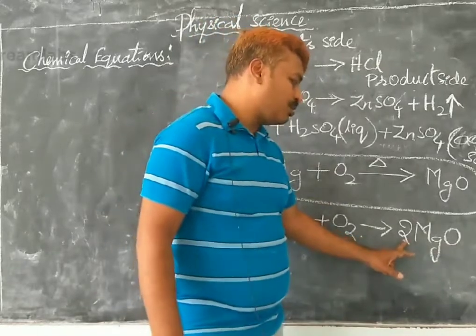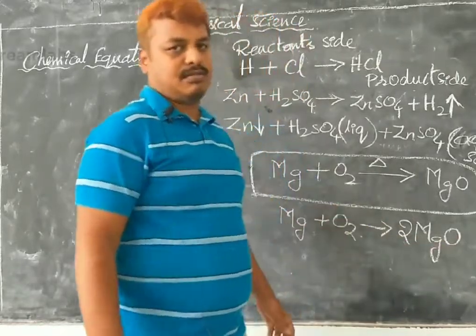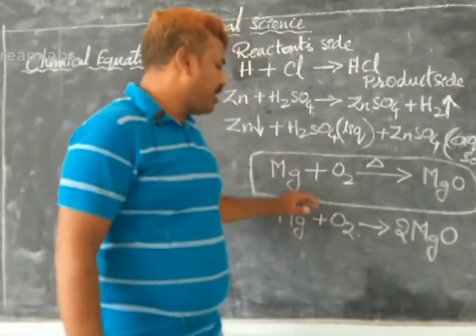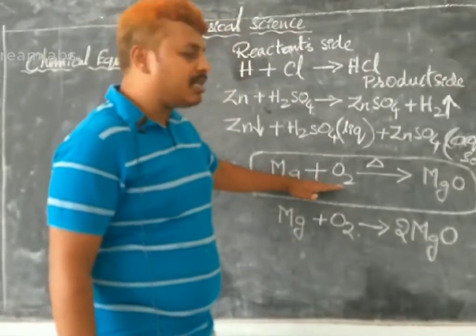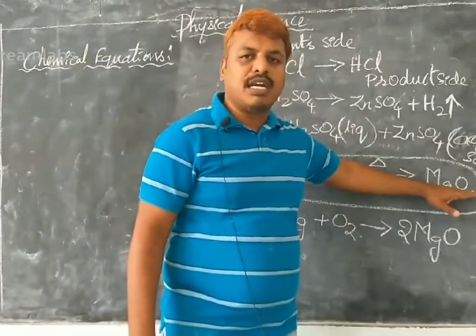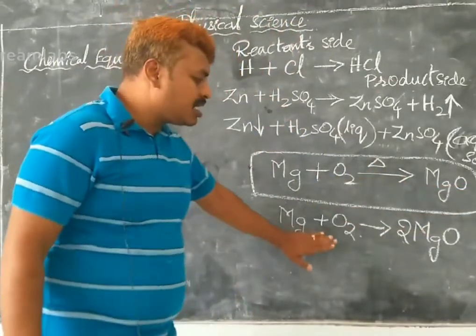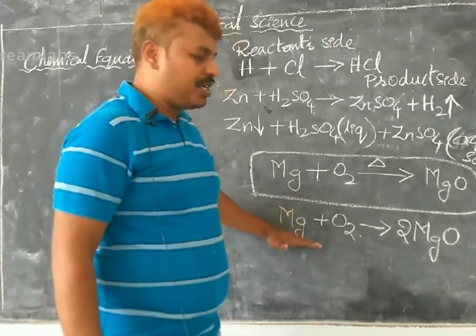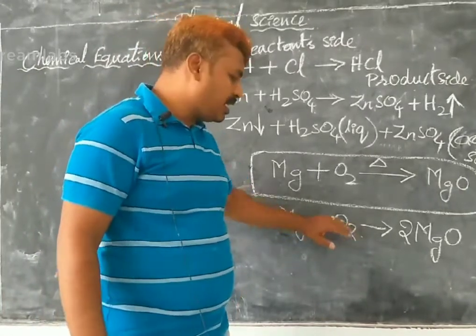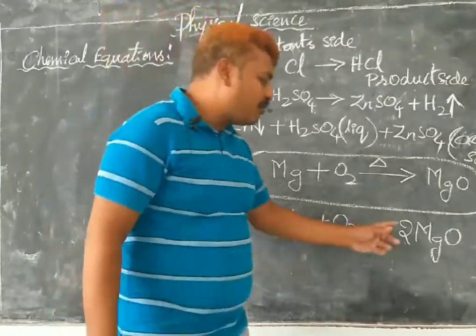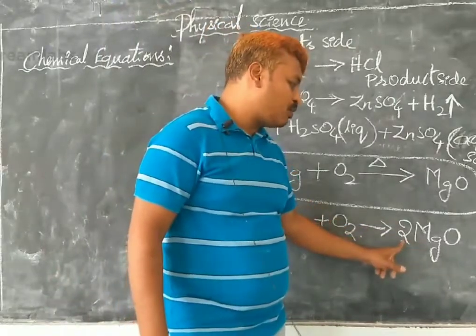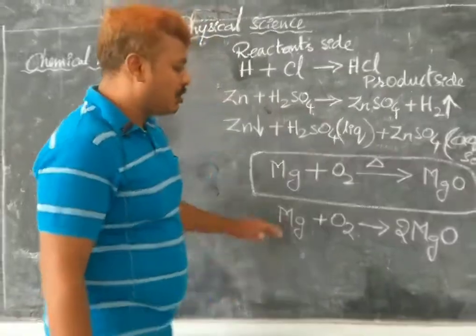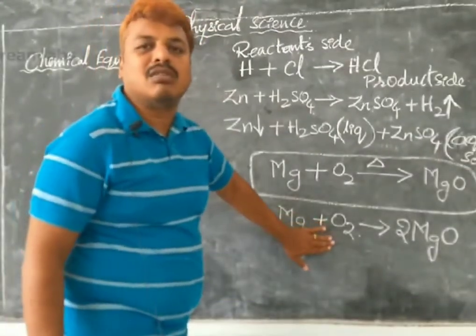Previously the reactant side had 3 atoms, 1 atom of magnesium and 2 atoms of oxygen, and the product side only 2 atoms. Now on the product side I have 2 magnesium atoms, 2 oxygen atoms, totally 4 atoms. So the reactant side has become less now.